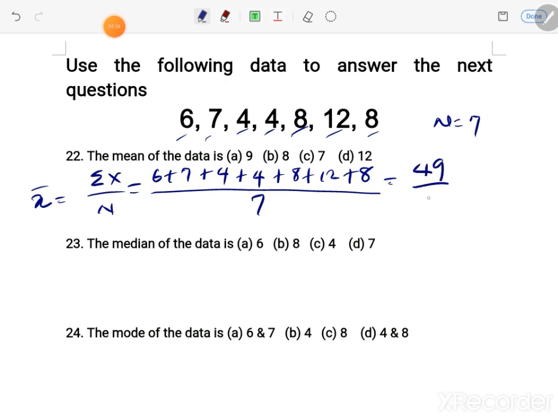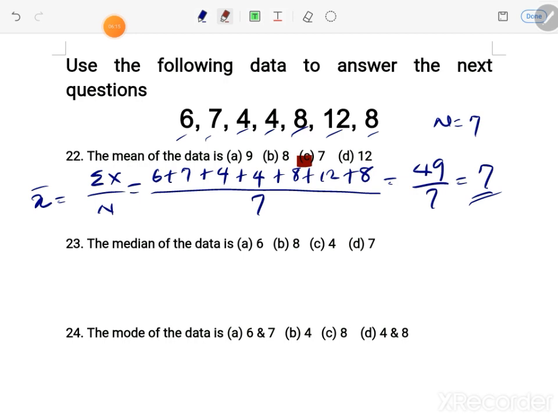So we are going to divide that by 7, and this will give us 7 as the correct answer. Therefore, the mean of this distribution is 7, and that is C. C is the correct option.